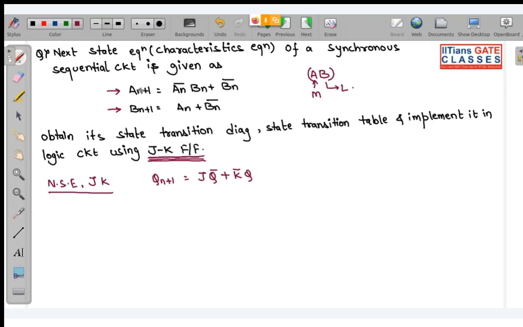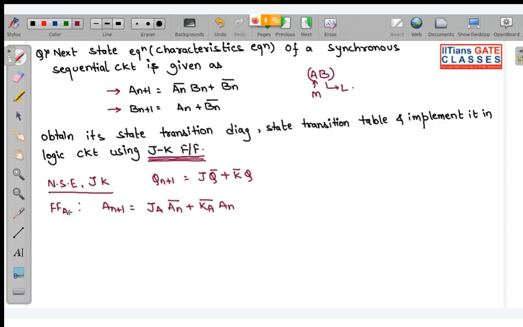Now I can write the next state equation of flip-flop A like this: An plus 1 is equal to Ja An complement plus Ka complement An. Look, I can write it like this.